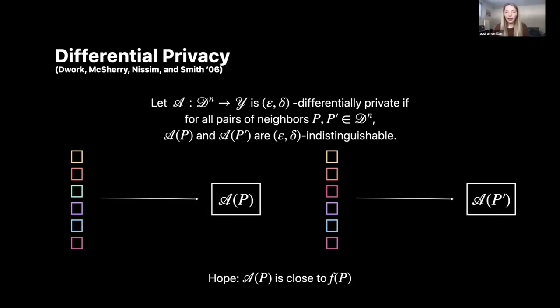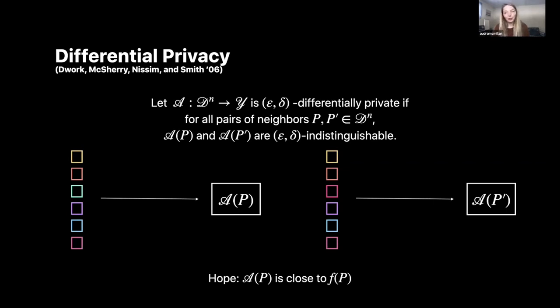And of course, our hope is that we can design an algorithm A so that A of P is close to F of P, which is the function we actually wanted to compute. A large amount of the differential privacy literature is on designing algorithms A that are close to the functions we want to compute, but also satisfy differential privacy.